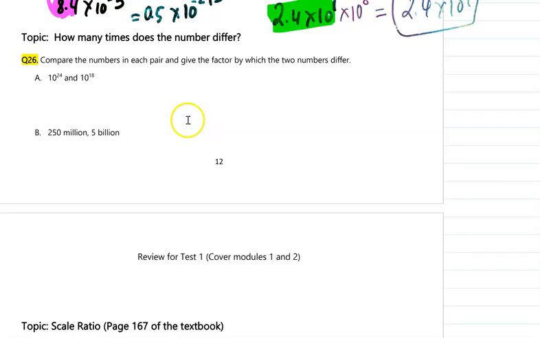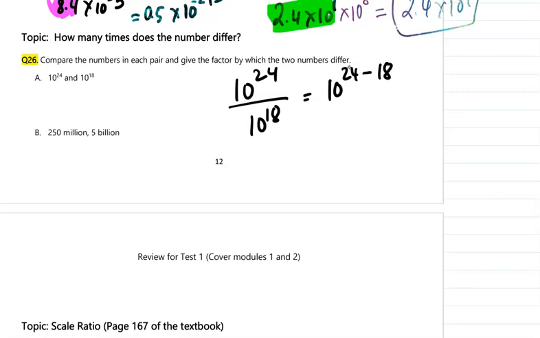Okay, next question. Compare the numbers in each pair and give the factor by which the two numbers differ. To compare the numbers, you divide the two numbers: 10 to the power 24, which is the bigger number, divided by 10 to the power 18. If you divide, you get 10 to the power 24 minus 18, because of the rule we just mentioned in the previous problem.